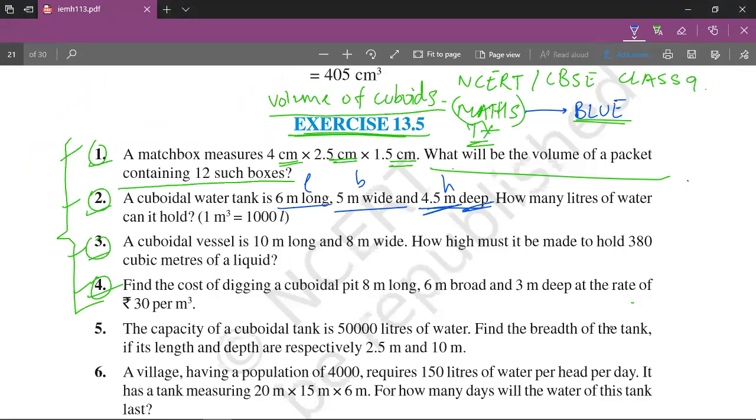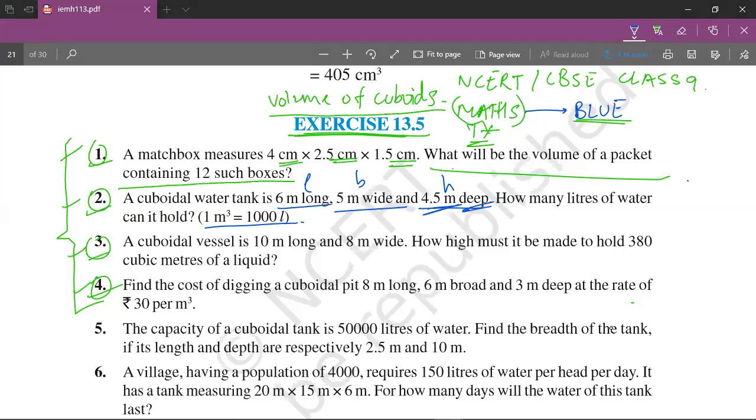So in this question, I told you around 10 seconds ago that some questions concerning a water tank come in the form of what is the capacity of the water tank. More or less the meaning is the same, but in this question it is asking how many liters of water can it hold, and it gave us a clue: 1 meter cube is equal to 1000 liters. Okay, so first we draw a figure.